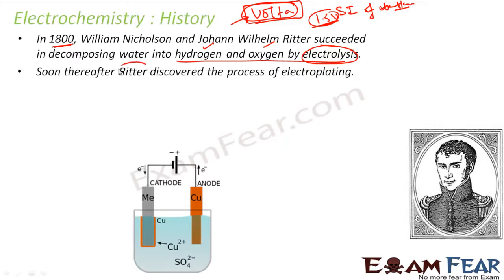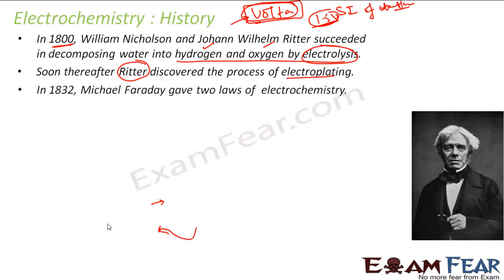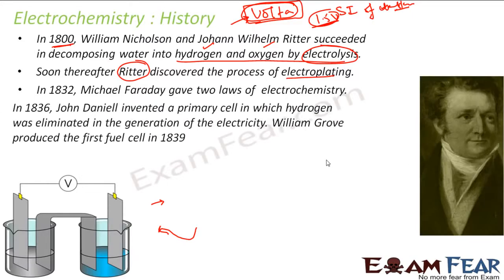And then soon after that, this guy Ritter discovered the process of electroplating, where you have one metal, for example, if you see copper, there is some other cheap metal, and this is electroplated with copper. And then Faraday gave the law of electrochemistry. We'll discuss the Faraday law also.